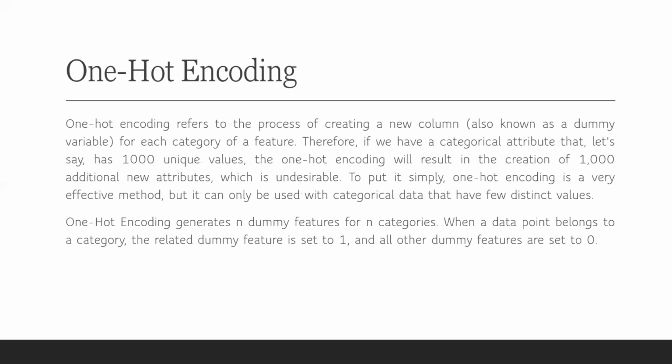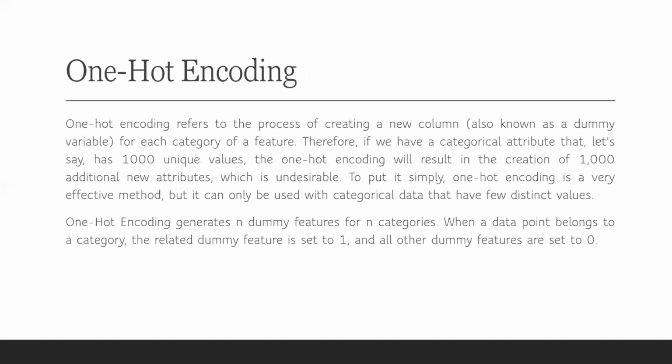It's called One Hot Encoding. One hot encoding refers to the process of creating a new column, also known as a dummy variable, for each category of a feature.